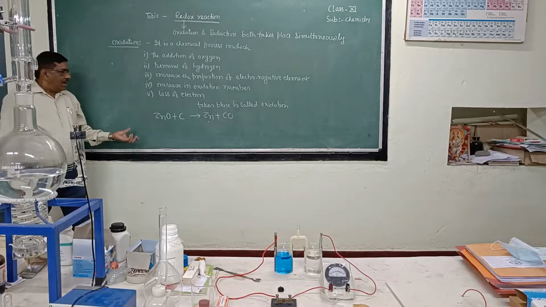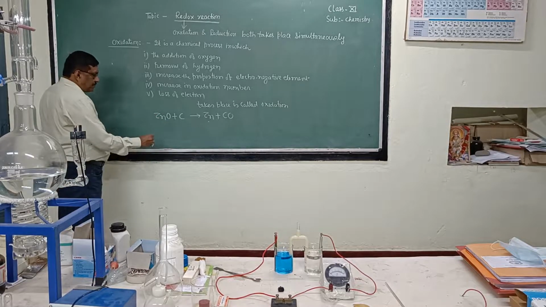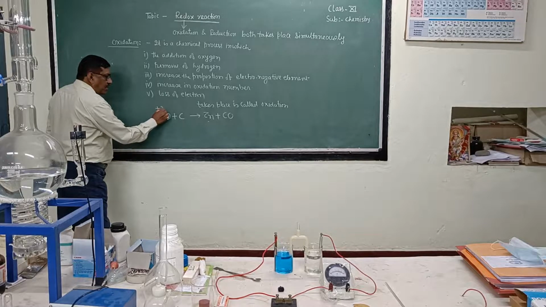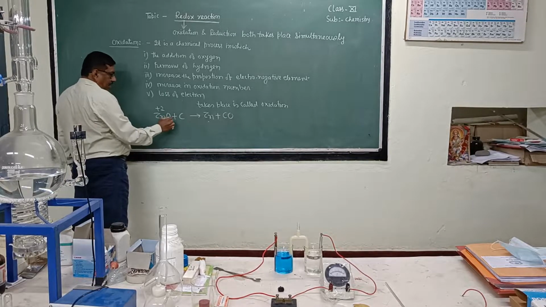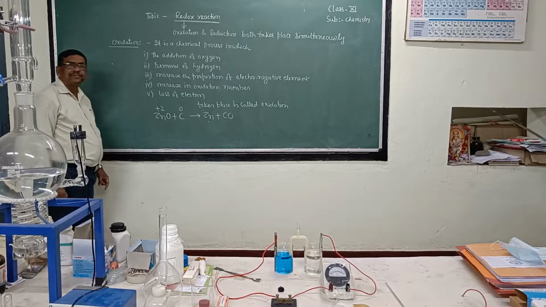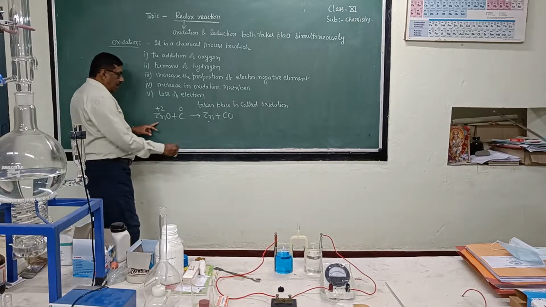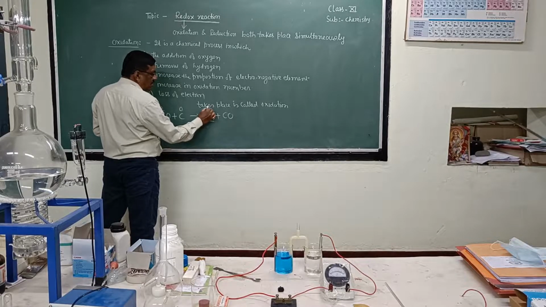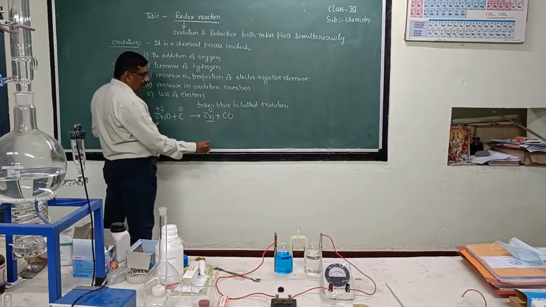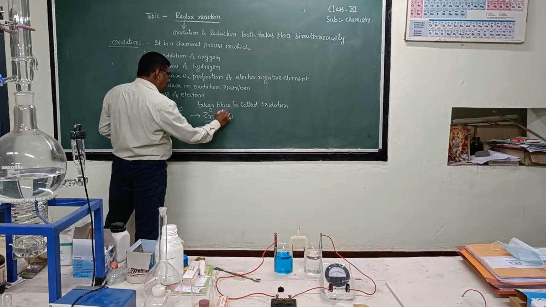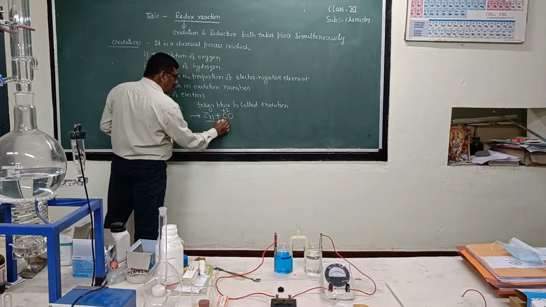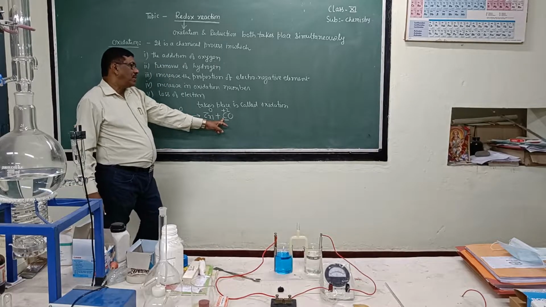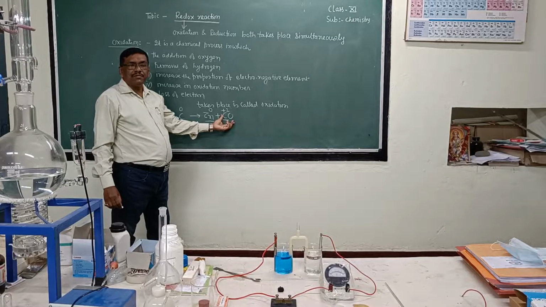By the oxidation number method, the oxidation number of zinc is +2 and carbon is 0. And in the product, the oxidation number of zinc is 0 and the oxidation number of carbon is, what is it? It is +2.